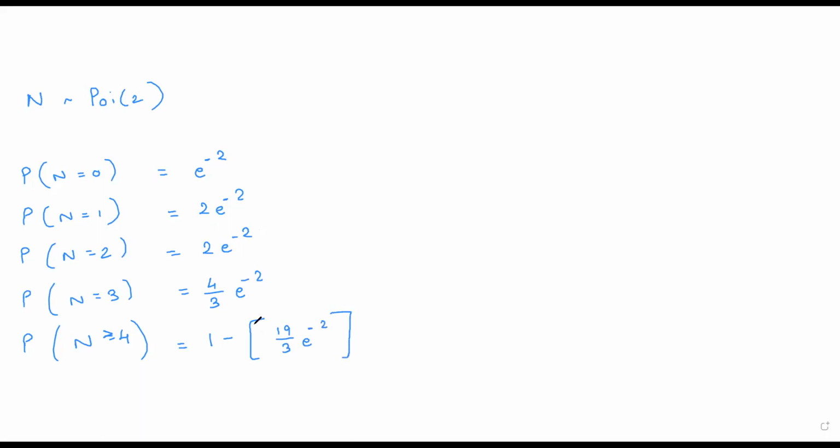So these are direct formulas which you can put and you'll find that the answers are coming in this form exactly. So probability N greater than or equal to 4 will be nothing but 1 minus 19 by 3 e to the power minus 2. So let me just compute the numerical values as well, just to cross check it.